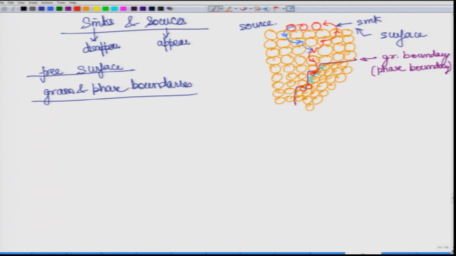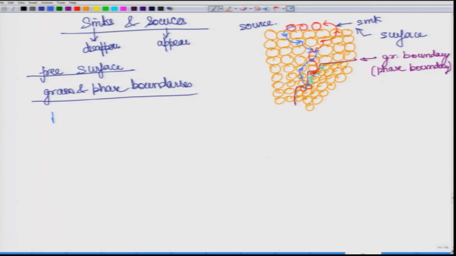So, it acts like a sink, or in the other case it can go from here to here and it will act like a source. So, this region where there is extra, more free volume can act as both a source and a sink. So, that is another structure which allows for formation and annihilation of vacancies.